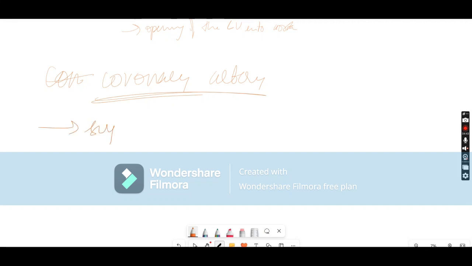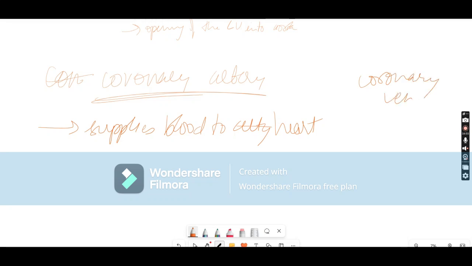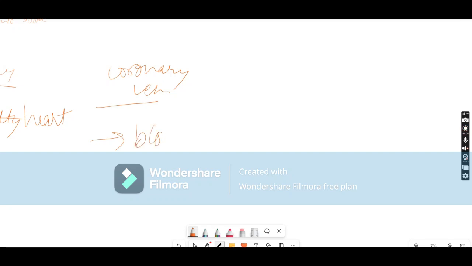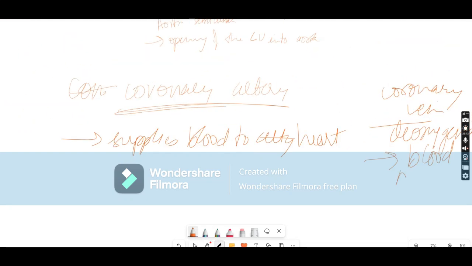So the coronary artery supplies blood to the heart, and the coronary vein takes deoxygenated blood away from the heart and drains it into the right atrium so that it gets oxygenated.